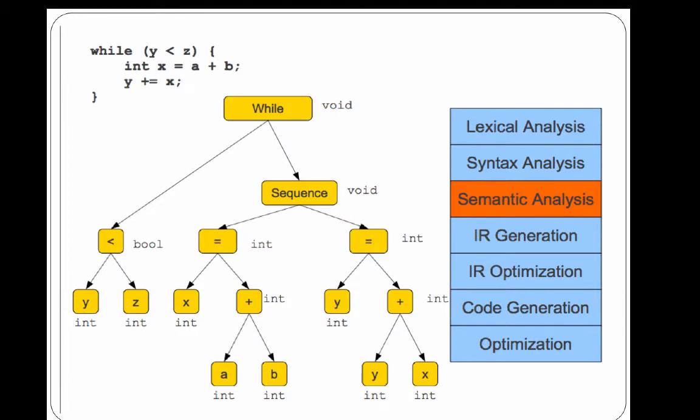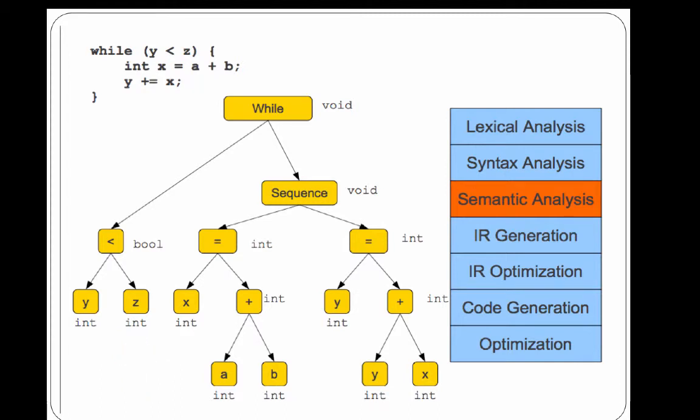The kinds of things done during semantic analysis are to analyze the tree and look for various patterns in the tree. Here's an example of one kind of semantic analysis, where we assign types to the different pieces of the syntactic structure. We see from this analysis that the condition is a binary comparison, with a left-hand side and a right-hand side.